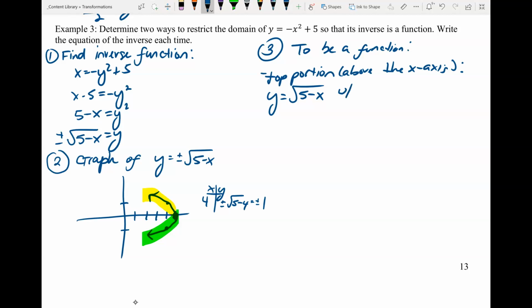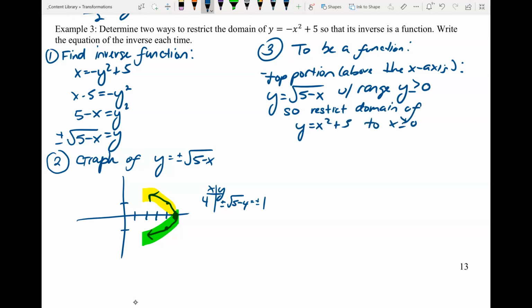And this would have a range of y is greater than or equal to 0, because our y values are all positive. So this means if I refer back to my original function, we need to restrict the domain of our original function to just x is greater than 0.